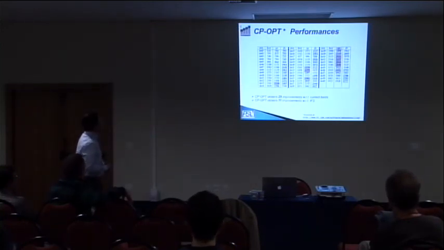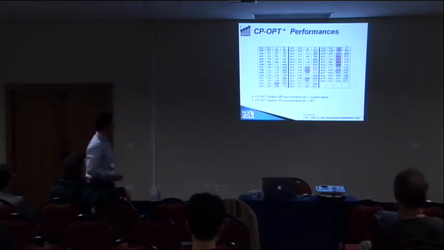The CP optimizer is also able to improve over the best results available in the literature. With respect to our results, it only produces 11 better results than our best.